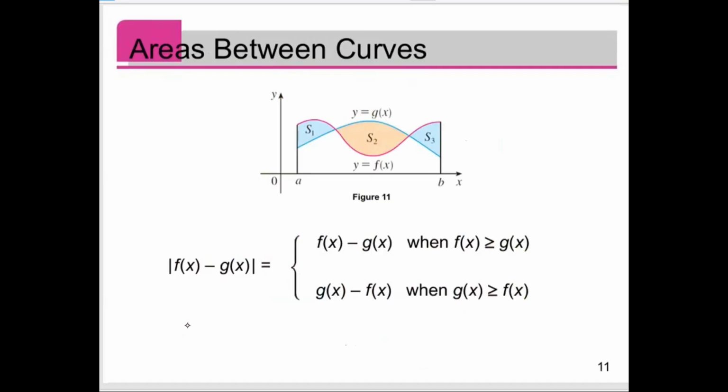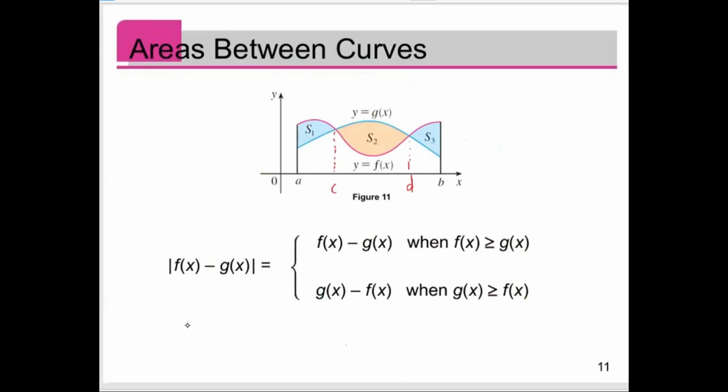So in this case, for example, you have two functions, g(x) and f(x), and you notice that for the first part, that is this interval, a to maybe c, I'm going to put d here.